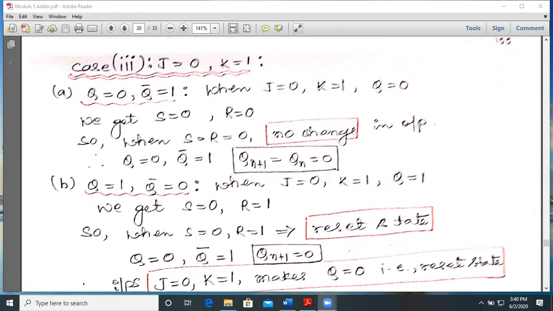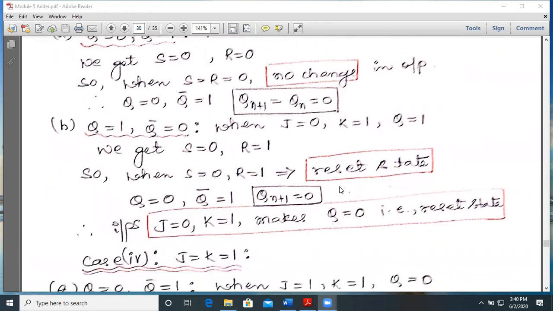When Q is equal to 1 and Q bar is equal to 0, we are getting the reset state. So thereby our present state Qn plus 1 is 0. So J is equal to 0 and K is equal to 1 will make Q as 0, which is called the reset state.